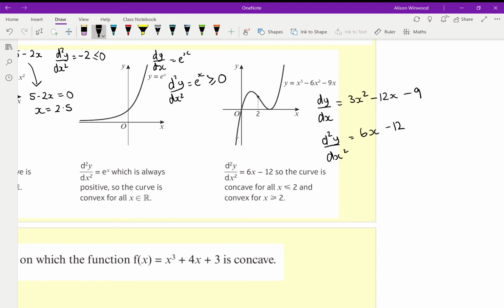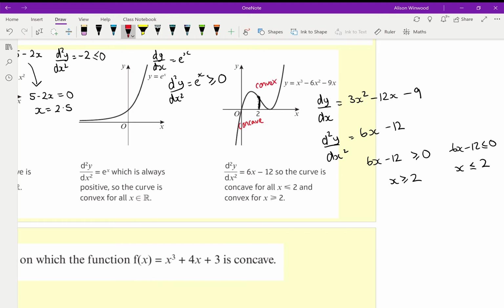Now that is positive when x is greater than or equal to 2, and it's negative when x is less than or equal to 2. So 2 is this important turning point or change. Everything before it is concave. As we can see, we've got a cave shape. And everything after it is convex.